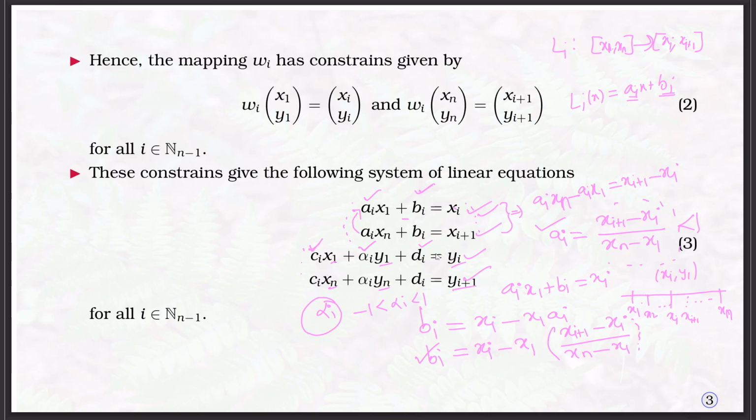We find the unique solution for these two numbers. So depending on alpha, we are finding Di and Ci. If you change the alpha, we can control the curve in the y direction in different manners. First let us find the constants Ci, Di by predefining the alpha i value.